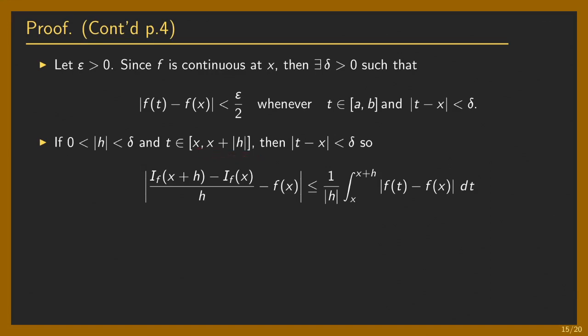Kung nandito si t sa gitna ng x at x plus h, how close is t from x? Well, yung distance nila, ulit, ganito na lang, positive na lang kunwari si h. Kasi pag negative naman, sa kaliwa ka lang naman, symmetric lang yon. Kung nandito kasi si t, how close is t from x? Ito yun. So, hindi yan aabot. H kasi ito eh. Di ba? Hindi yan lalagpas sa absolute value of h. But we have assumed that h is less than delta.